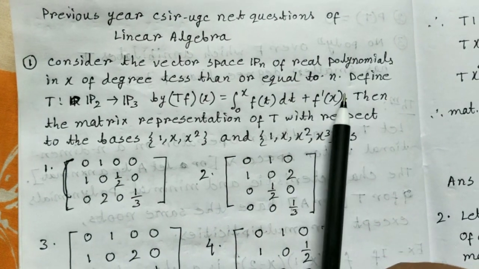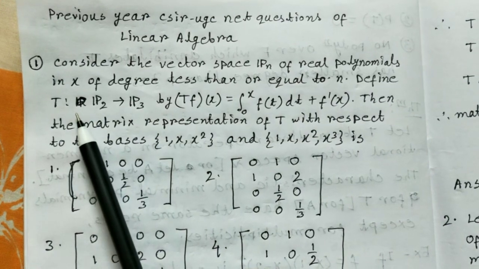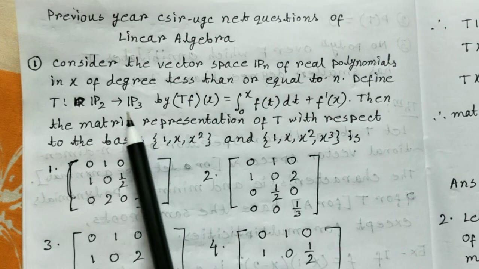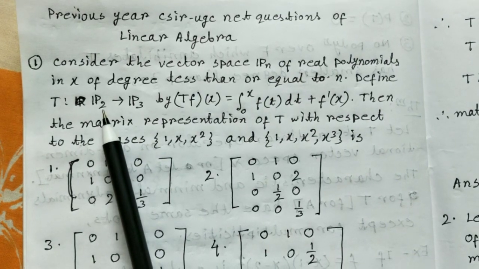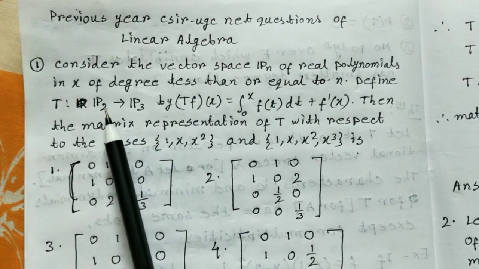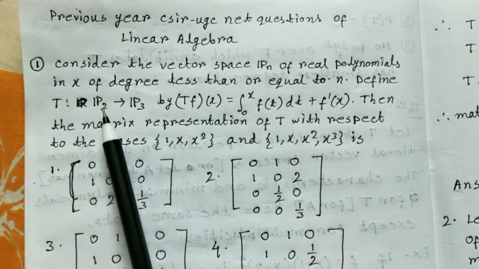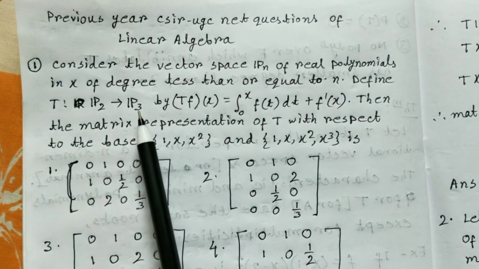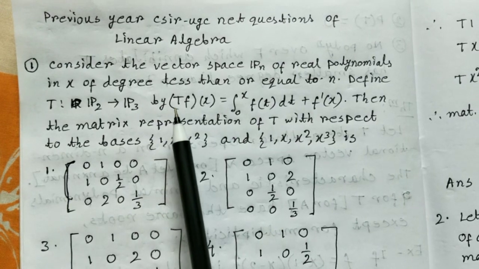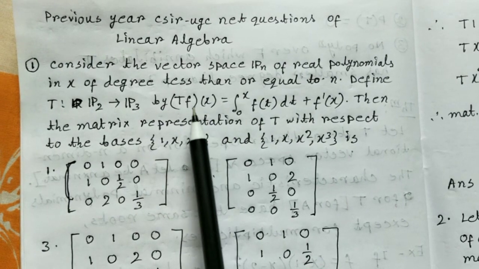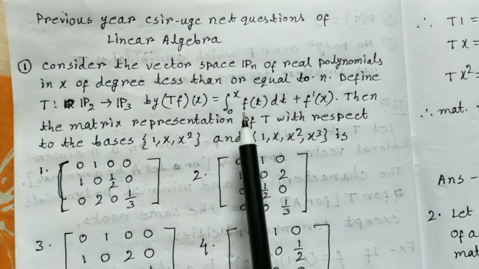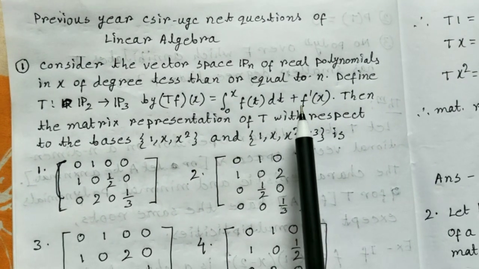Now define a linear transformation T from P2 to P3, where degree of P2 is less than or equal to 2 and degree of P3 is less than or equal to 3, by T of f of x equal to integration 0 to x f(t) dt plus f dash x.